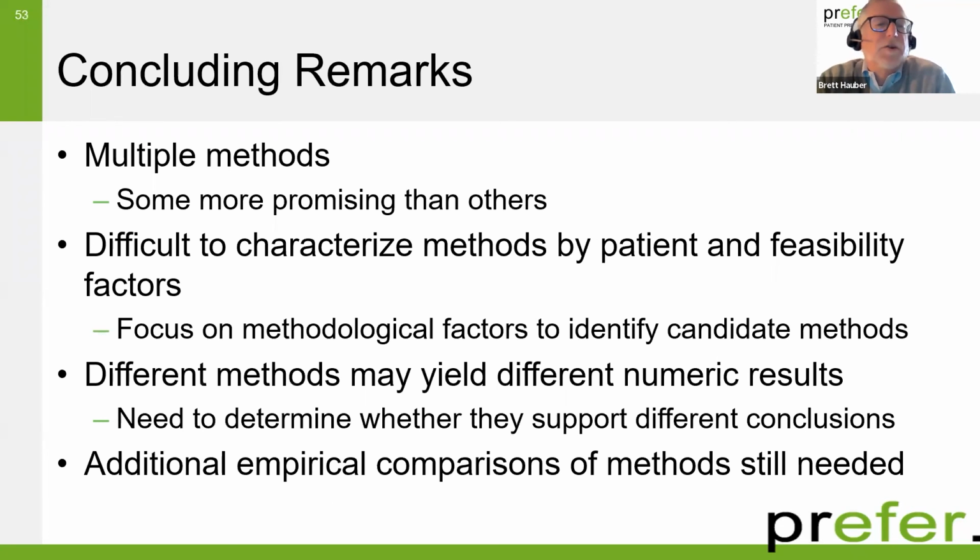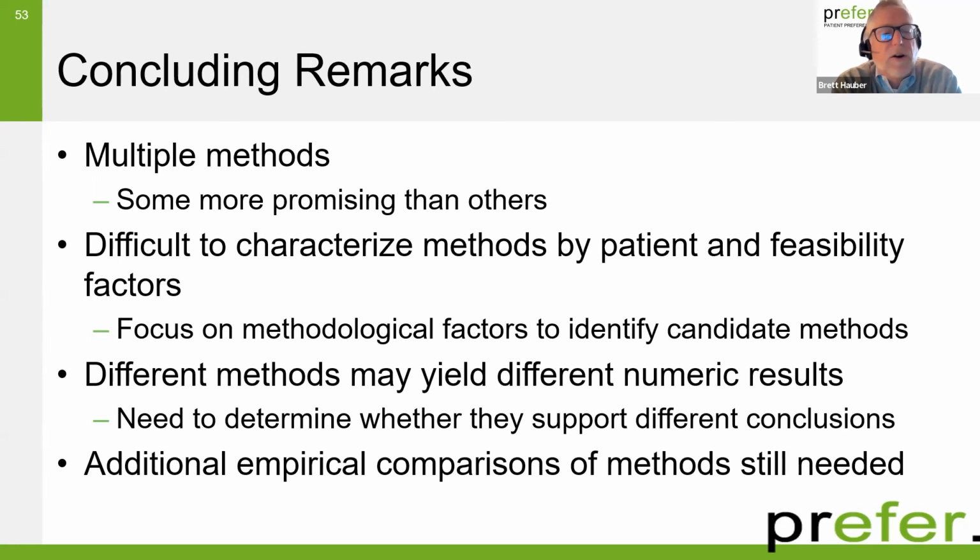Thank you, Karin. So just a few concluding remarks, and we already have some questions in the chat. But the conclusion I think that we've gotten from all of the presentations today is that there are multiple methods, some of which appear to be more promising than others, but even that conclusion is not unambiguous.